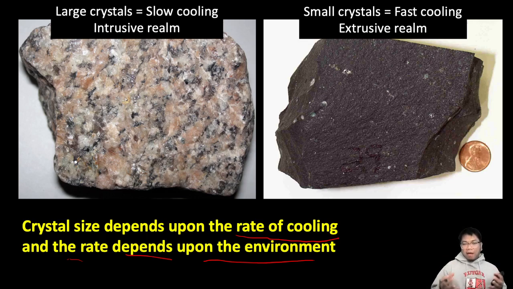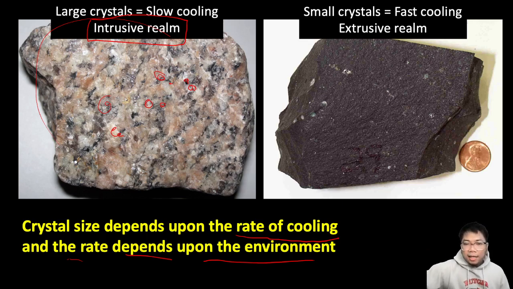The slow cooling of magma allows this magma to develop large crystals. And that is the reason why we can see individual minerals within these rocks. And this process can only happen inside the earth or within the intrusive environment of igneous activity below the surface. So that is something that I would like you to remember. Large crystals indicate slow cooling and indicate intrusive environment.